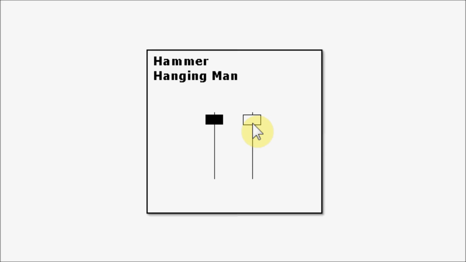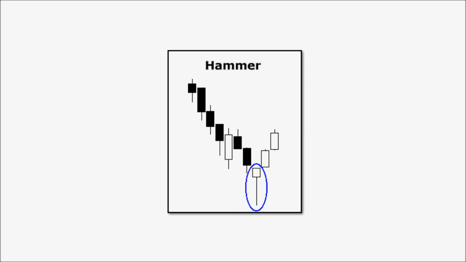Now, the hanging man is actually on the left here. It is also a reversal signal that is found after a long period of uptrend, and it can signal a reversal of trend to the downside. So here is the hammer. After a long period of decline, and you see this hammer, generally speaking, it's a bullish sign to see a hammer after a long decline.